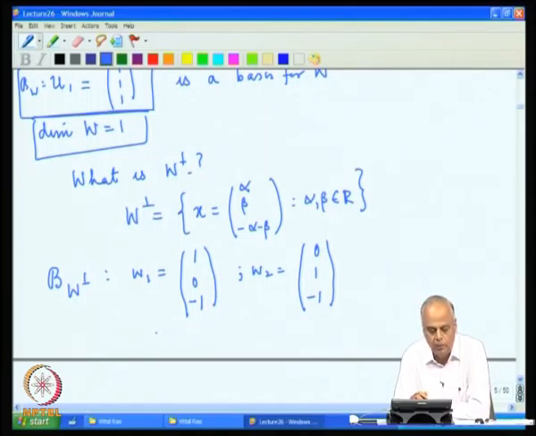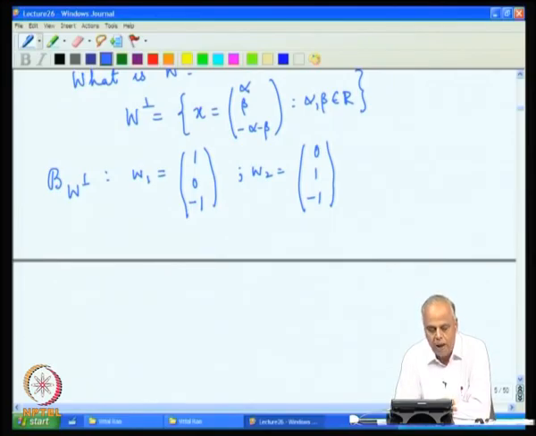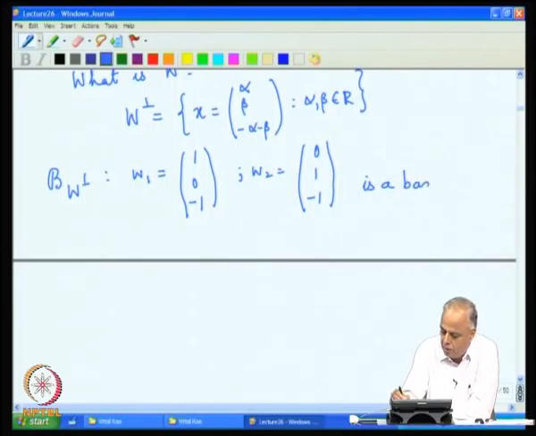By putting alpha equal to 0 and beta equal to 1, we get w2. Therefore, w1 and w2 are vectors in W perp. They are obviously linearly independent, and any vector in W perp is alpha times w1 plus beta times w2, and hence they span W perp. So, these two vectors are in W perp, they are linearly independent, they span W perp, and hence they form a basis for W perp.